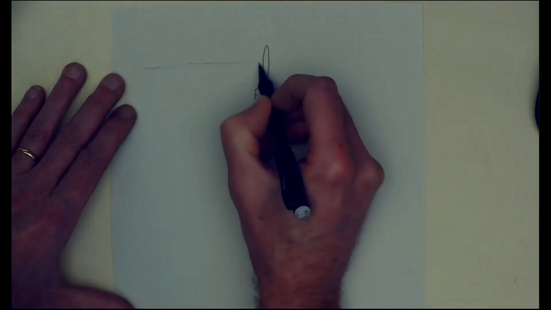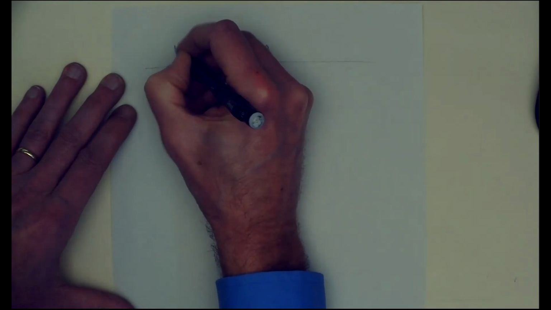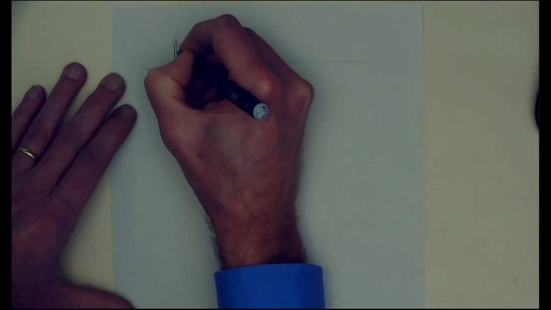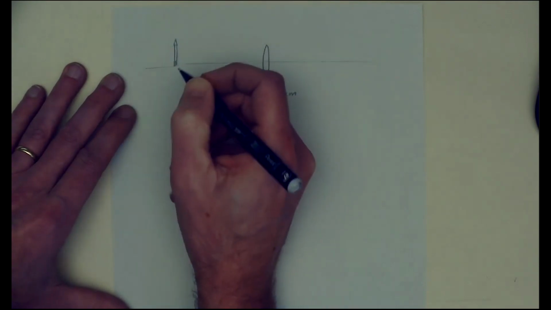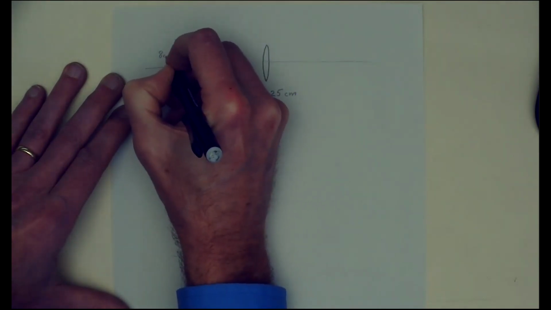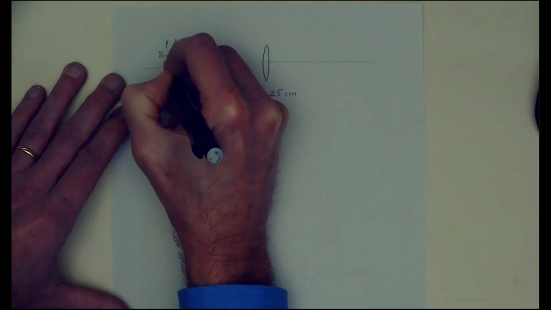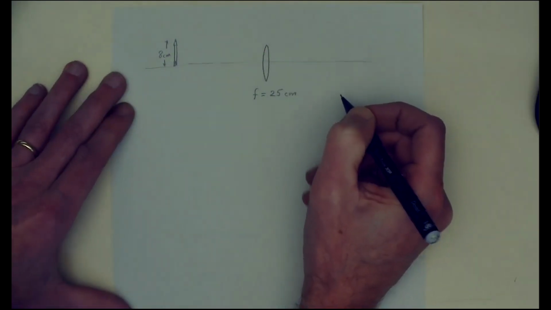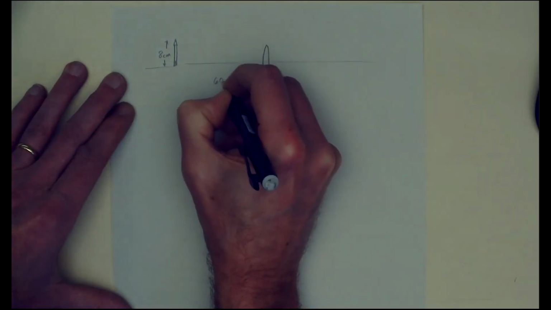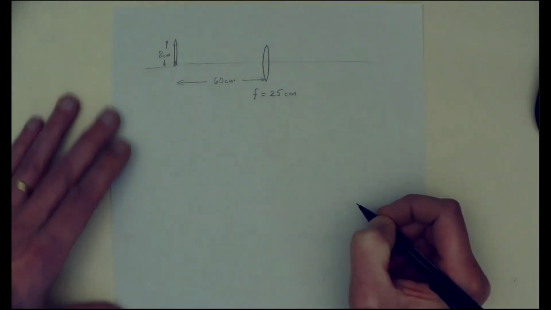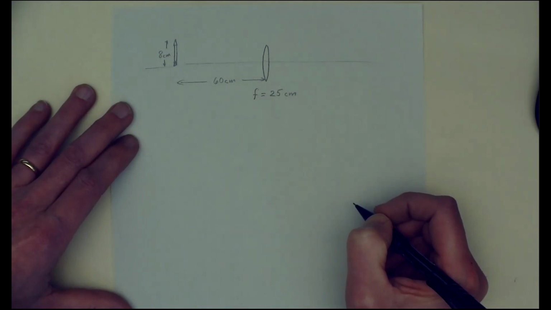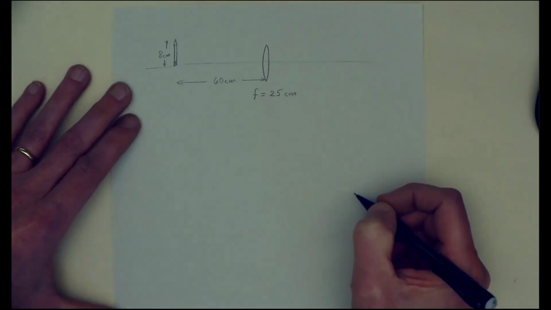And what we're going to do is put a pencil out here. The pencil is 8 centimeters tall. I haven't drawn this to scale, but we're going to have the pencil be 60 centimeters away from the lens. And there's a whole bunch of questions we could ask.